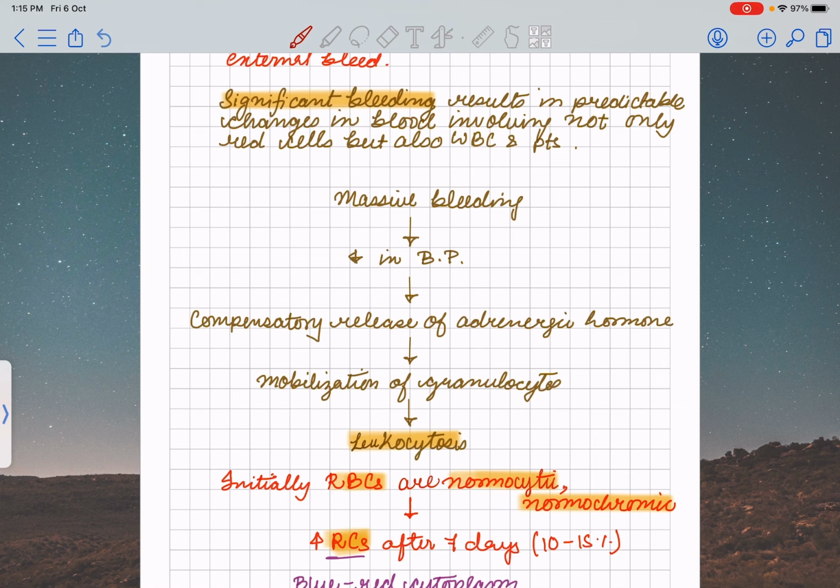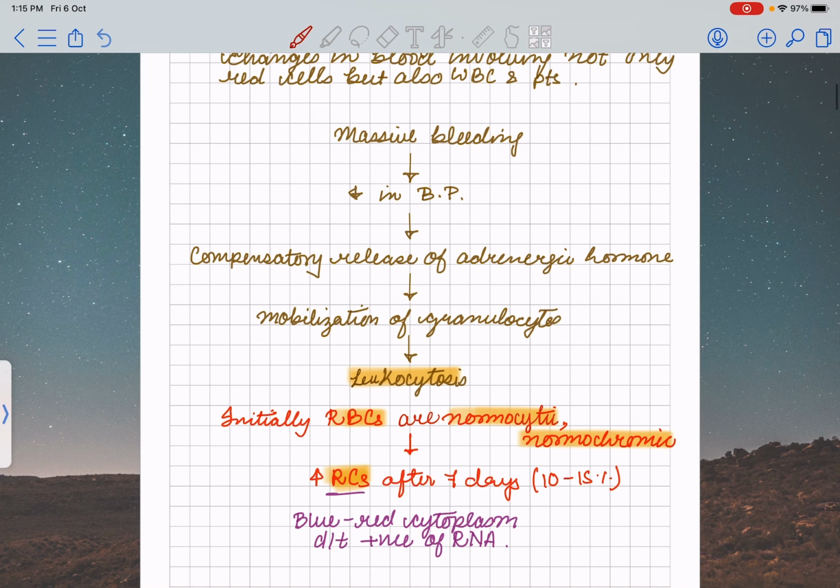Now BP has fallen, right, due to massive bleeding. So body's like, okay, we need to fight back. So they fight back by increasing adrenergic hormones, which are all responsible for increasing BP, right? And mobilize granulocytes. So leukocytosis also occurs. Initially, RBCs are normocytic, normochromic, and there is increase in reticulocytes after 7 days, 10 to 15% they come.